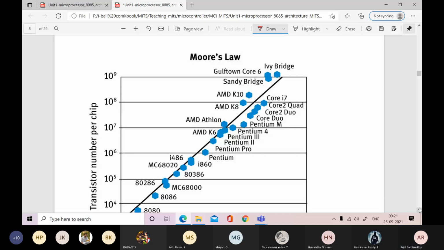So how much electronics do I have to use, or is there any law, how much transistor do I have to use, or how many transistors are suitable for development of a particular circuit? Some rules are there, and this rule is called Moore's law. So what does Moore's law state?